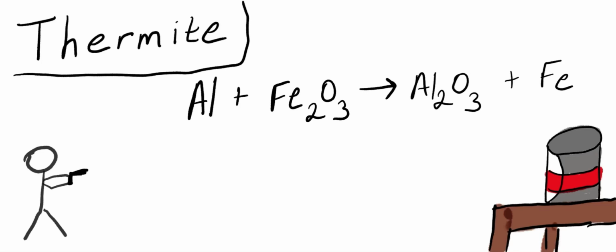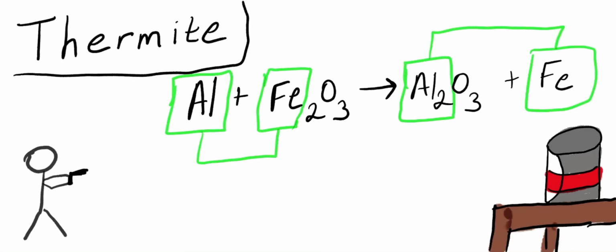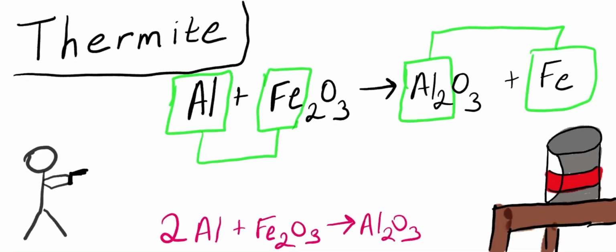This means it's going to replace the metal portion of a compound. So in our products, we are going to have two elements switch spots with each other, leaving us with iron by itself and aluminum with oxygen, making a compound called aluminum oxide. Once we balance this equation, we get 2Al plus Fe2O3 yields Al2O3 plus 2Fe.